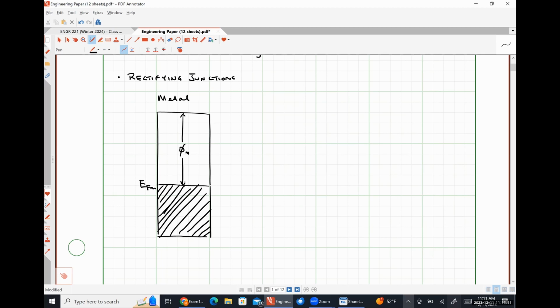And then over here on the right, let's put a semiconductor. For a point of reference, we're just going to put the top matching up. And this is going to be for N-type semiconductor, generically. This dashed line right here is the Fermi level for our N-type semiconductor. This is the edge of the conduction band. This distance is our electron affinity.